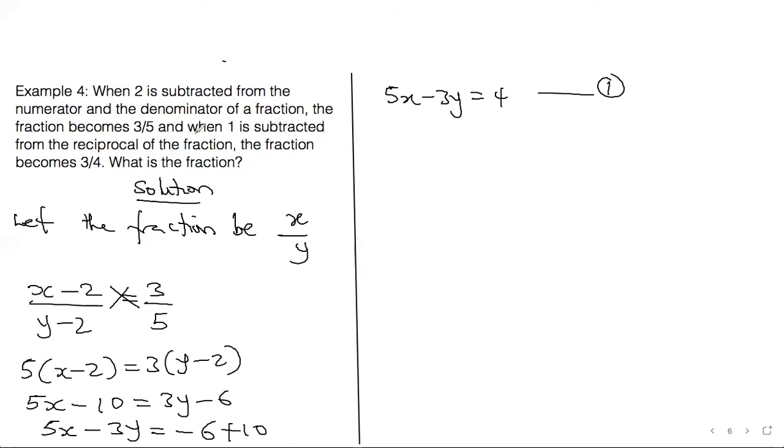Then if we continue, when 1 is subtracted from the reciprocal of the fraction, the reciprocal of the fraction will be y over x. So if you subtract 1 from the reciprocal of the fraction, you get 3 over 4.